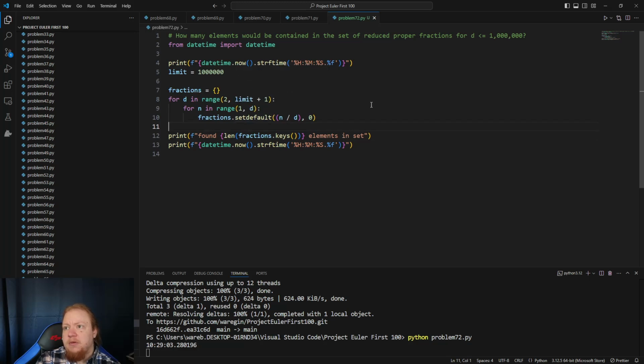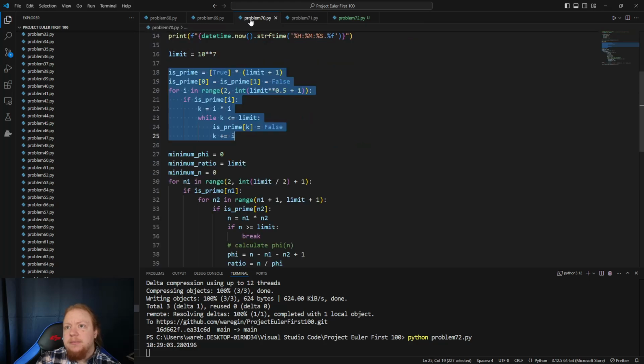Okay, so reduced proper fractions, there's got to be a better way to limit this. And actually, come to think of it, this builds on another earlier problem, where it's just going to be the sum of all relative... okay, going back.